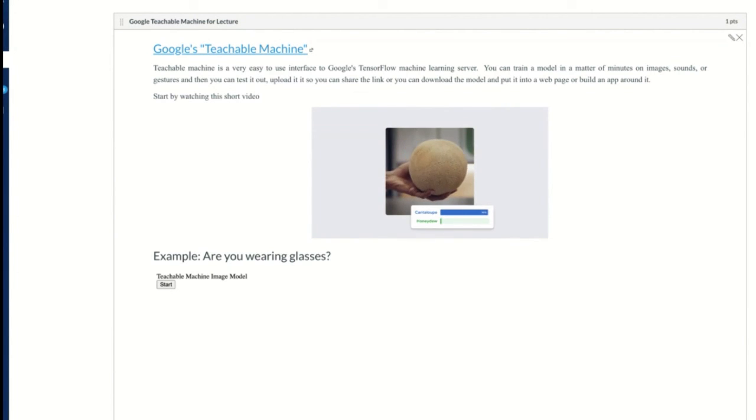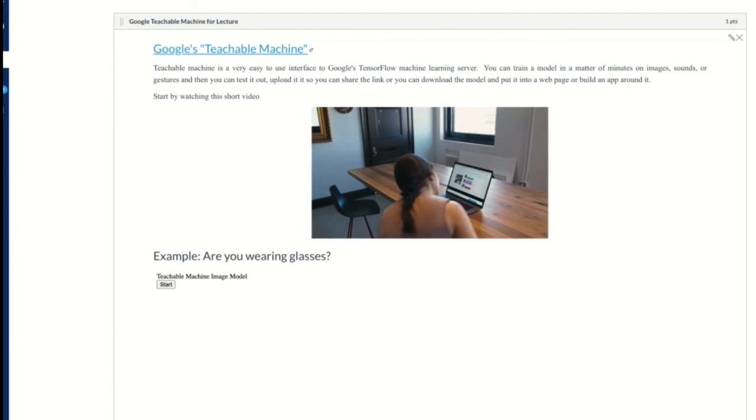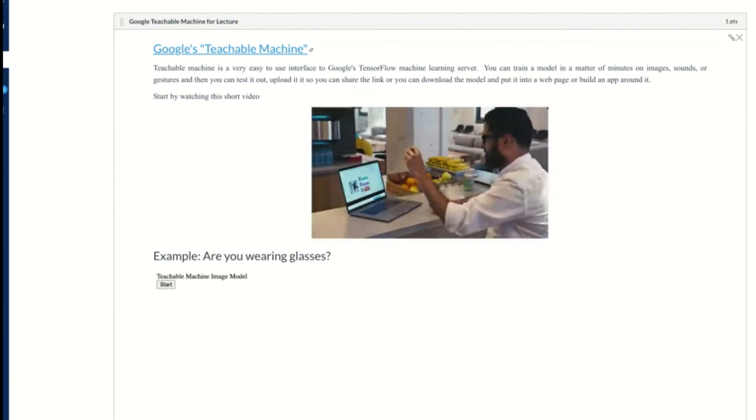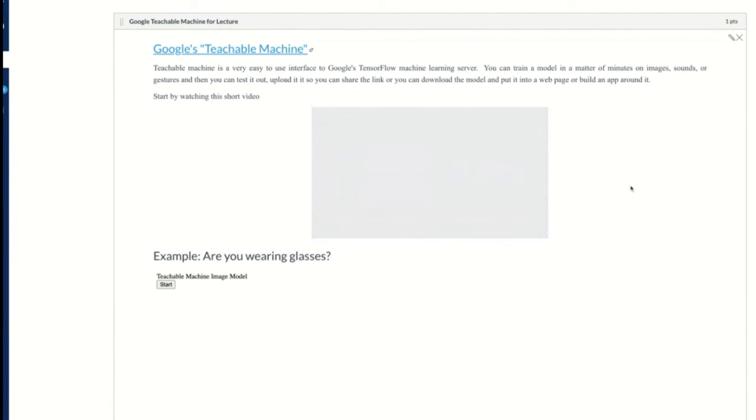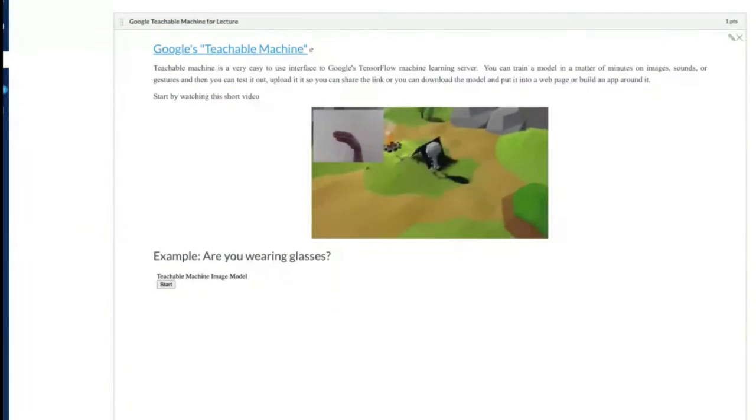With Teachable Machine, we set out to make it easier for anyone to create machine learning models without needing to write any machine learning code. When it first launched in 2017, it allowed everyone to get a feeling for what machine learning is all about. But now, Teachable Machine puts the power of machine learning in your hands, allowing you to save your models and use them in your own projects.